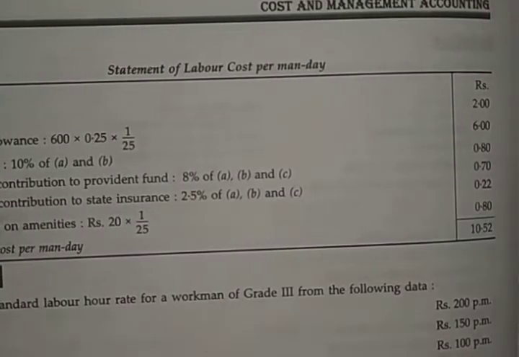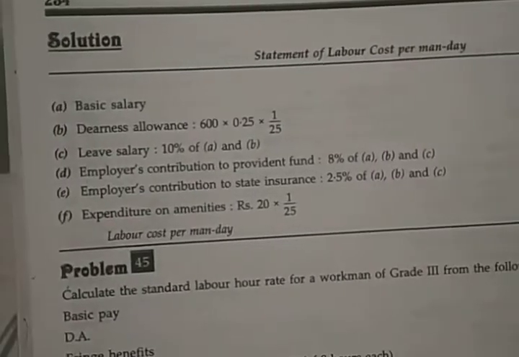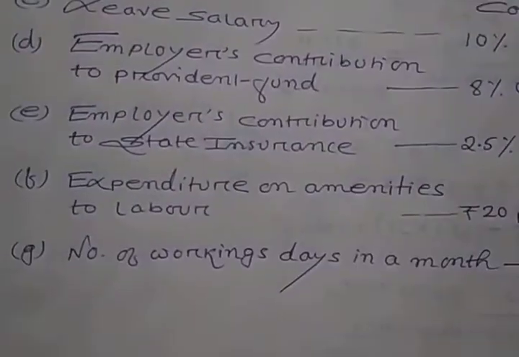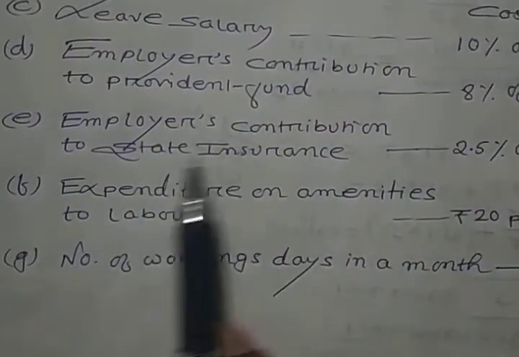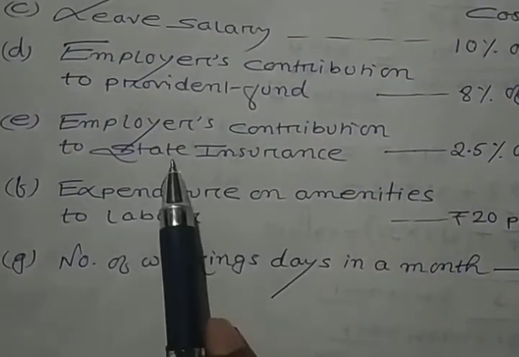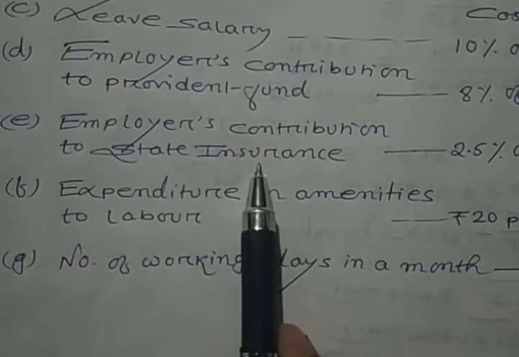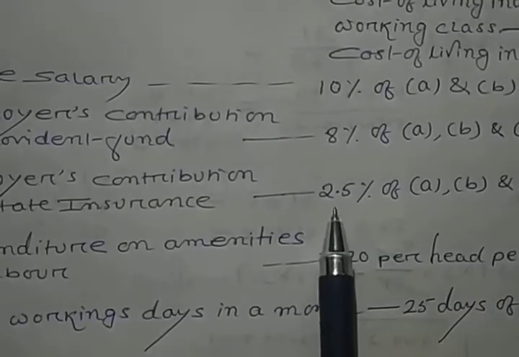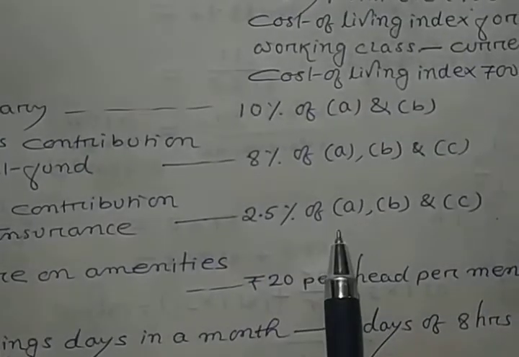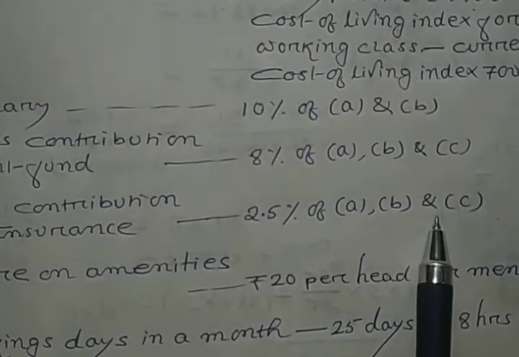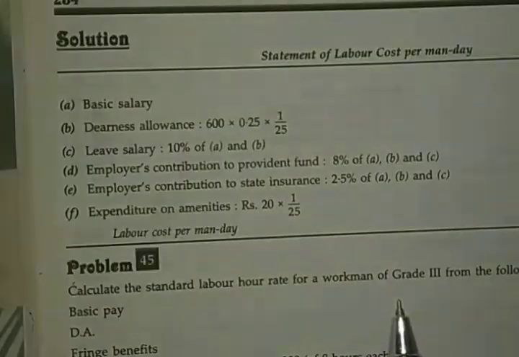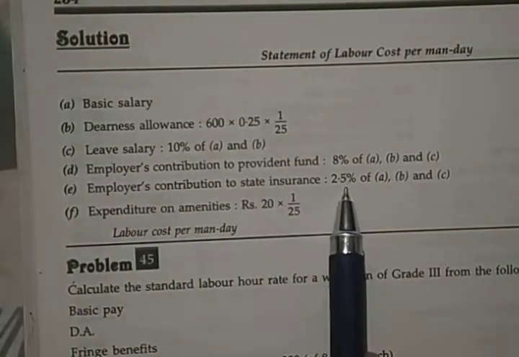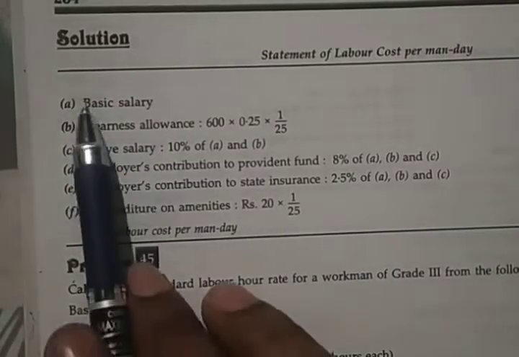Okay, now next point, what is given? Point number E, the employer's contribution to state insurance, that is, ESI. This is also called ESI. How much? 2.5% of the combination of A, B and C. Now what is the A, B, C value?